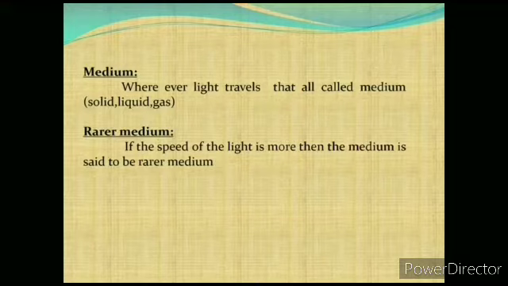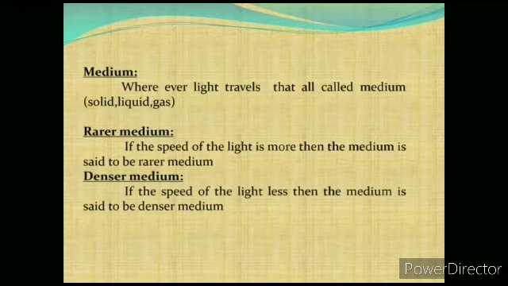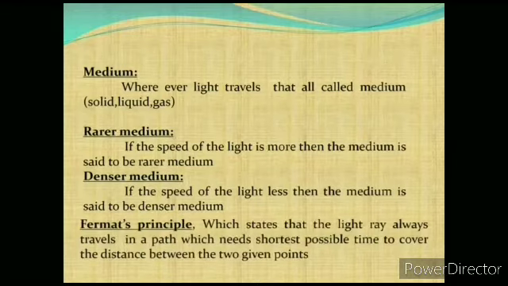Wherever the speed of light is maximum, that medium is called a rarer medium. Denser medium: if the speed of light is less, then we say that is a denser medium.